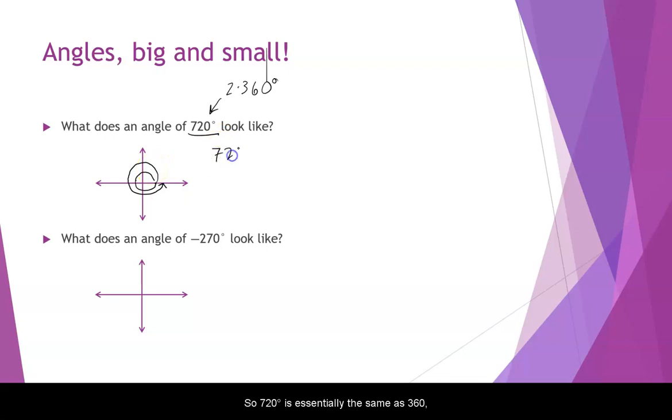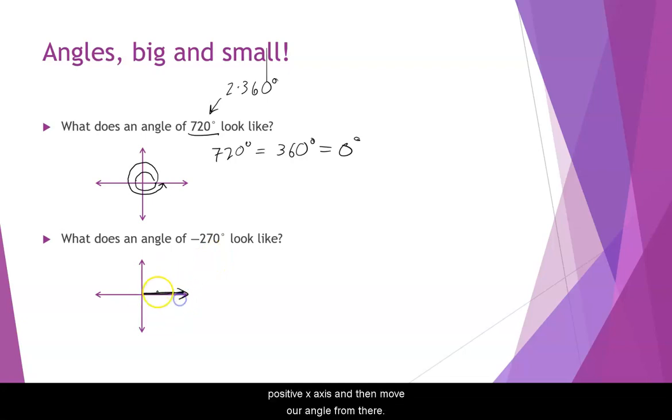So 720 degrees is essentially the same as 360, which is essentially the same as 0. Talking about degrees, of course. For a negative angle, it just means we start heading in the other direction. So instead of counterclockwise, we go clockwise. We always start on the positive x-axis and then move our angle from there.